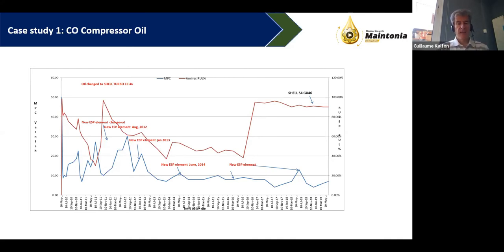On top of that, as I explained in an earlier slide, if we want to have it even longer, we can, on a periodic basis, top up these antioxidants.